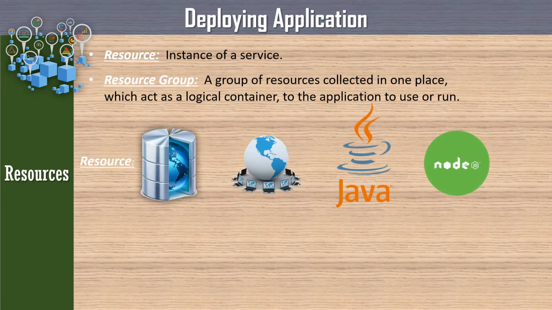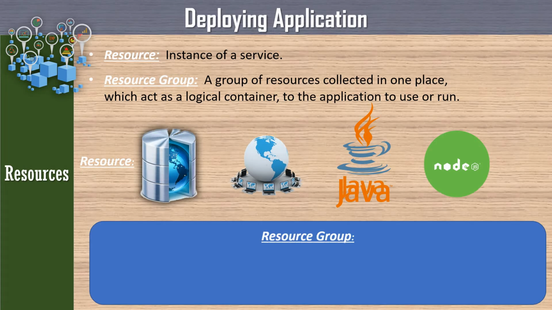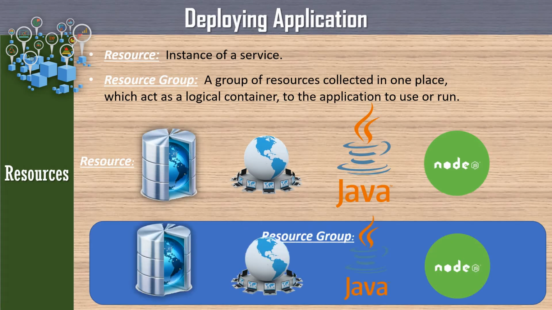So as a quick example, that kind of resources like database, server, JDK or nodes or whatever. After that, you combine them into a resource group. Then you send all these resources into one logical container as a resource group. Okay, now we have our resources which we are going to deploy somewhere on the cloud.